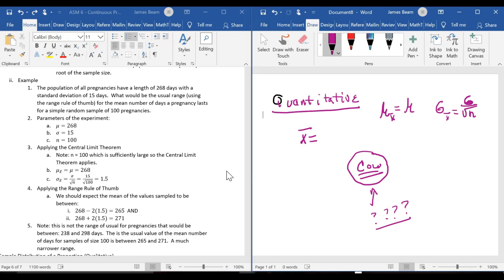So now think about this. The mean of the distribution of these samples should be centered on the mean of the guesses. So that's actually the cow's weight, right? These samples should be centered on the cow's actual weight.